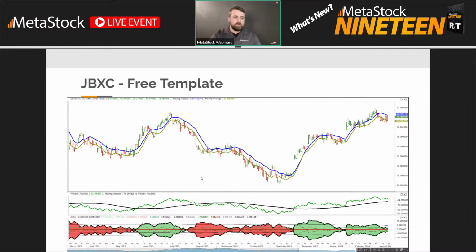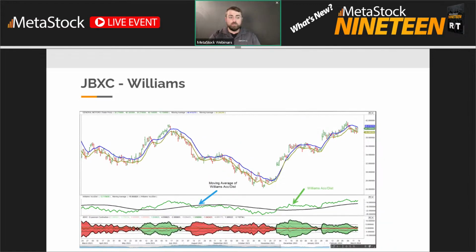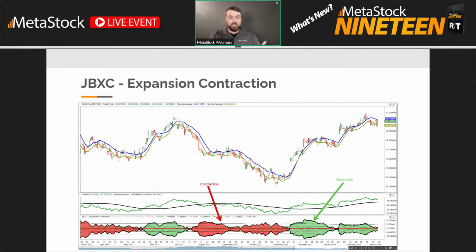That's going to help you identify some trends. It's going to help you identify these different expansion zones and contraction zones here. And also gives you the MAC channel and a few other things that are included for free in 19.